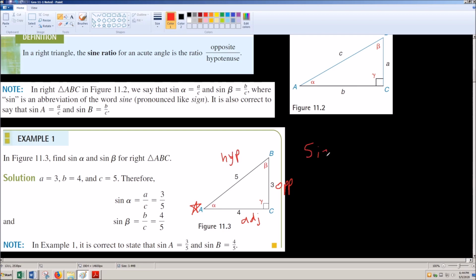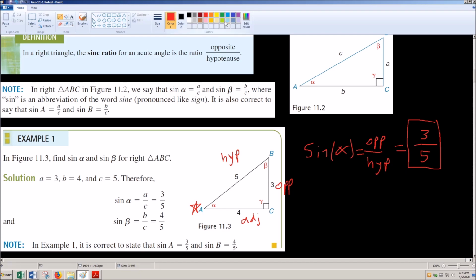Sine of alpha is going to be my opposite over hypotenuse. That's all it is. So that is going to equal 3 over 5. That's it. So my sine of alpha equals 3/5.